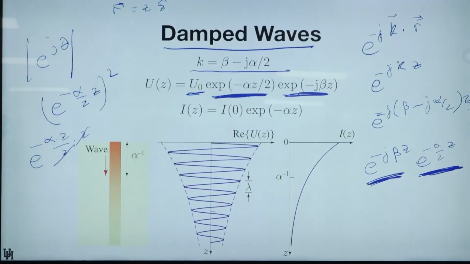So that's the definition of the absorption coefficient in a sense. At what distance does the intensity fall to 1 over e? What is the rate of reduction of this intensity inside the absorbing medium? Any questions about this?